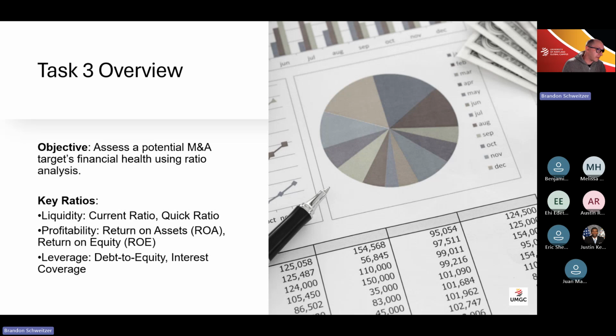So those are the best ratios to run as you're determining whether the company has the ability to make an M&A, and if the competitor would be a good M&A target.